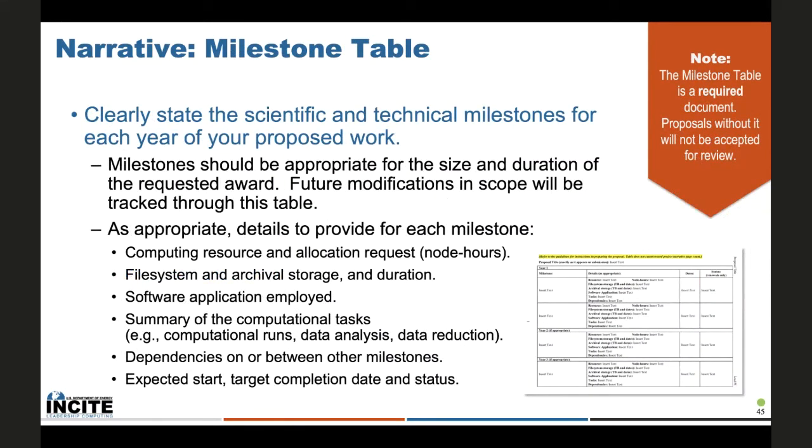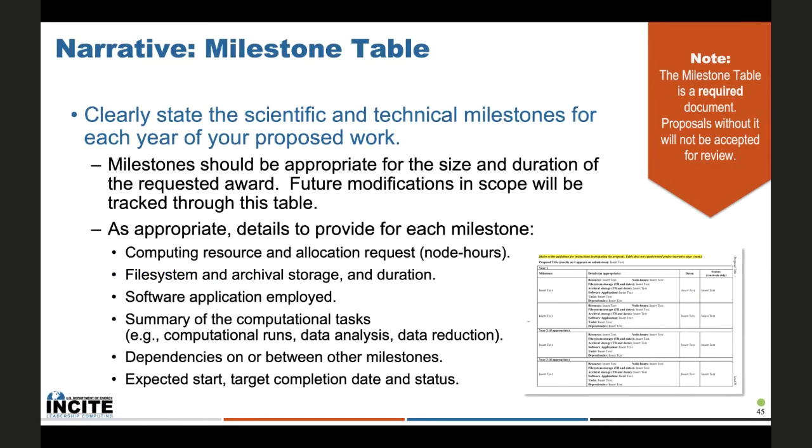Okay, next one is the milestone table, and it's important to understand that the milestone table is an integral part of the INCITE proposal. Basically, if you're not submitting the milestone table, the proposal won't be reviewed. So please, the easiest way is just to use the template available on the web page, and just follow that template.